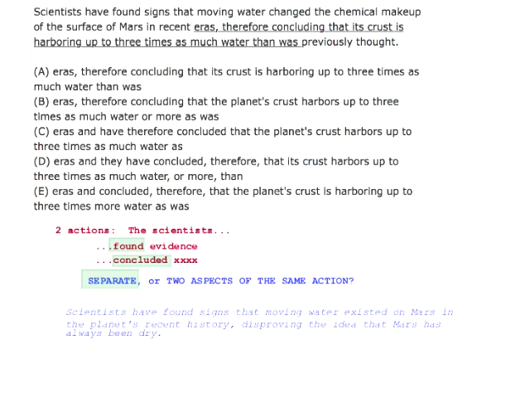This time, smiley face if you understand why this sentence would also be correct. Because this time, they're not separate things. Finding these signs actually was the disproof. Because if you find evidence that there was water somewhere, then by finding that evidence, you have already disproved the idea that it was a dry place.